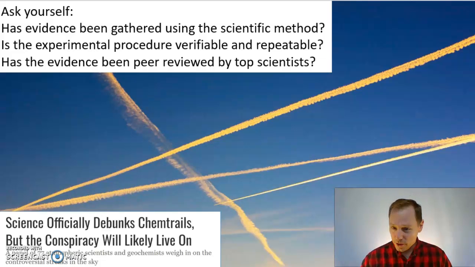Has the evidence been gathered using the scientific method? Is the experimental procedure verifiable and repeatable? And has it been reviewed by top scientists? Oh, yeah, that argument begins to fall apart. Science has officially debunked this claim. What you're seeing there is what's called water vapor, not too harmful.